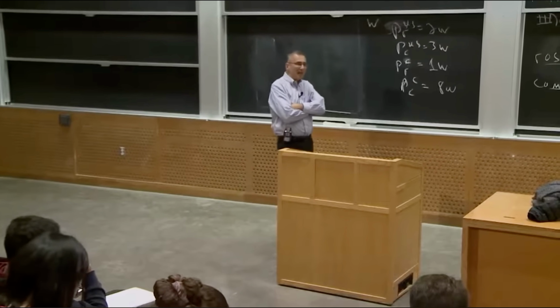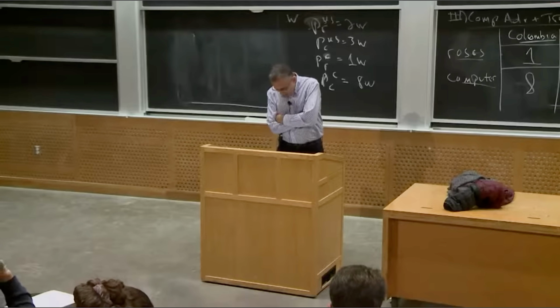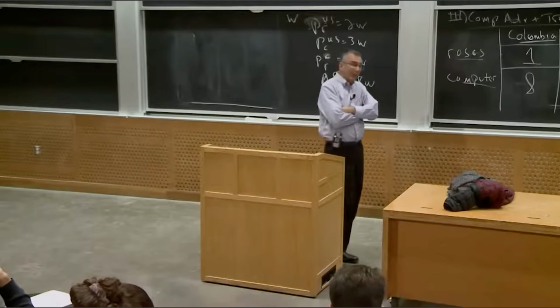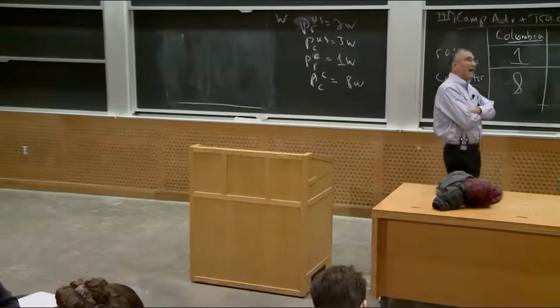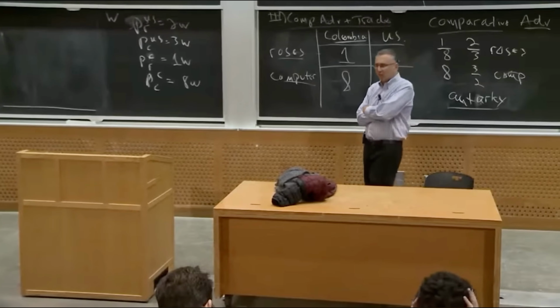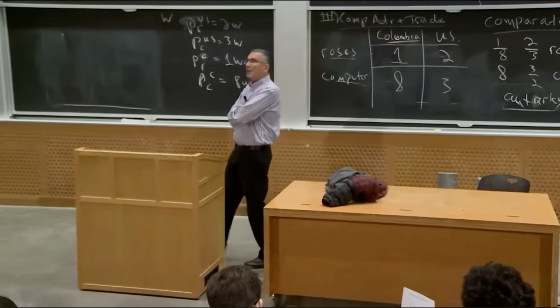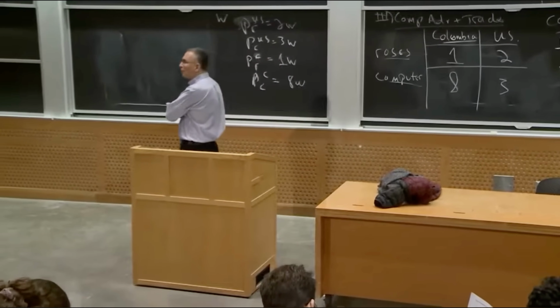If you graph that, you get an outward bending PPF. You just created economies of scope, not through any magic, but simply through comparative advantage yielding specialization. And that's the key insight of trade theory.